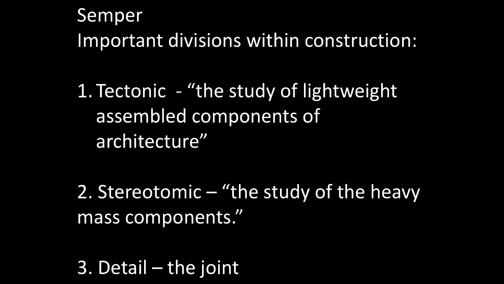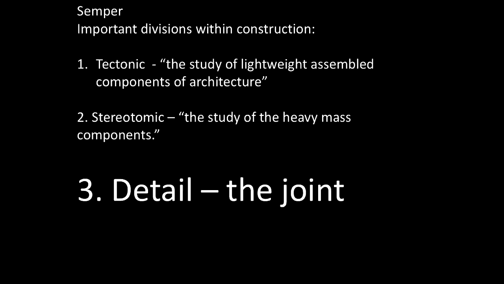I mean, there would still be stereotomic architecture in the modern movement. Even think of Le Corbusier and La Habitation. However, this would be more in terms of reinforced concrete than cut stone, like in Greek architecture. And then finally, the joint. So that's what we're going to look at today.